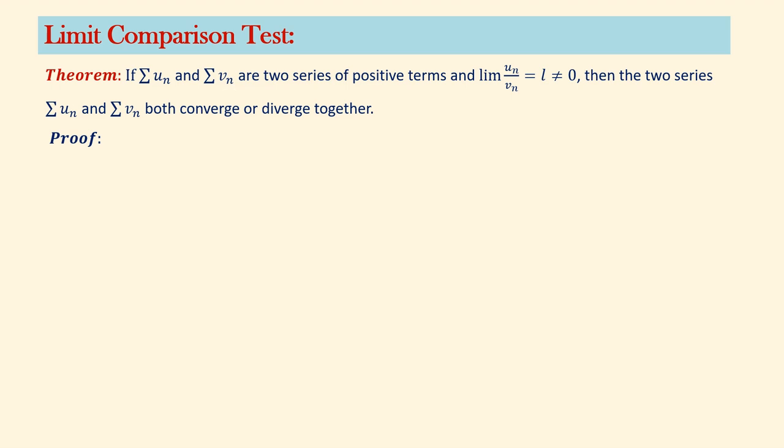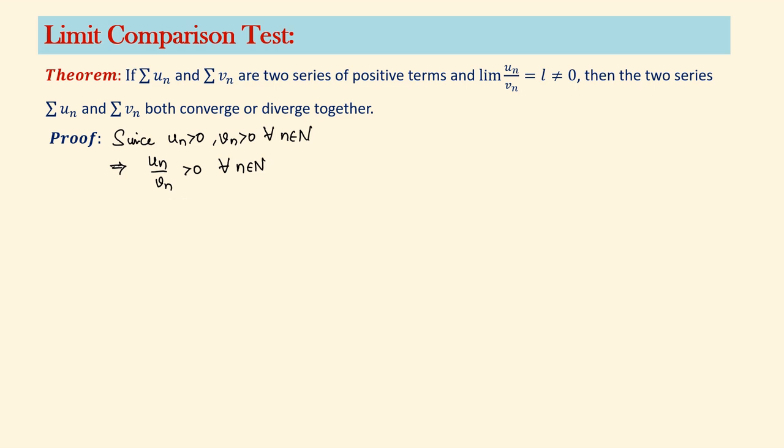Since un is greater than 0 and vn is greater than 0 for all n belongs to N, because both are positive terms of series, we have un by vn is also greater than 0 for all n belongs to N. So we are framing a sequence un by vn.